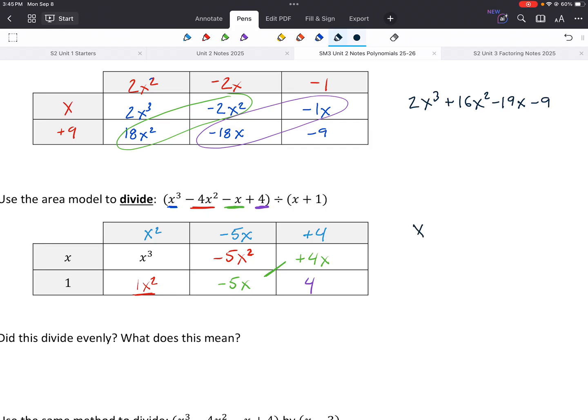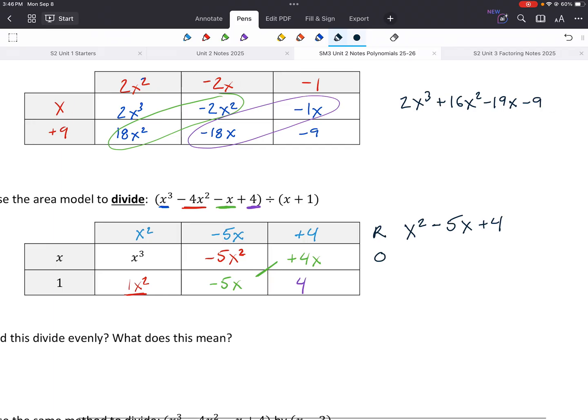We'll have x squared minus 5x plus 4. So this one doesn't have a remainder. If we wanted to put a remainder, it would be right here, because 4 plus 0 does give us 4. So there's no remainder, okay? So this would just be our answer.